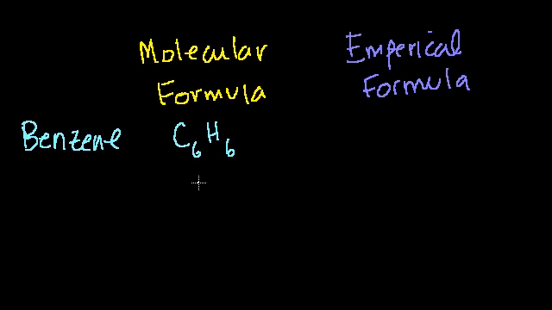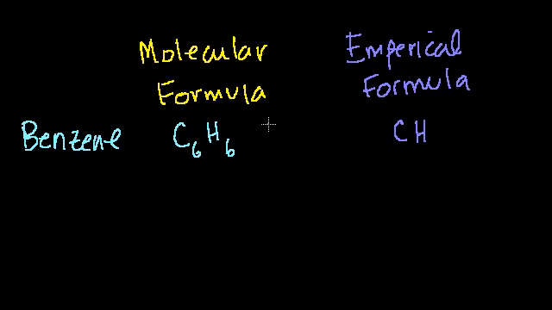Now, if you were some chemist in the 1800s and you didn't know about the actual atoms, but if you had a big bag of benzene and you were to measure the ratio of the carbon to the hydrogen in that bag, you would find out that for every 1 carbon, you have 1 hydrogen. So your empirical formula is the ratio of the two. You don't know that each molecule actually has 6 of these, but you know that for every carbon, there's a hydrogen. For every hydrogen, there's a carbon.